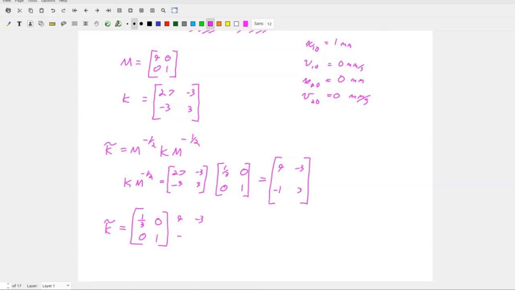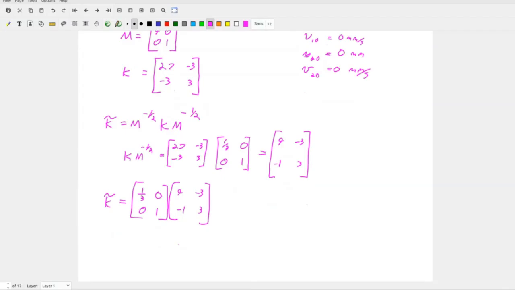So it's 9, -3, -1, 3. So hopefully that makes sense, right? I just broke it up. Instead of 3 matrices, I just did it twice for 2 matrices each. But it's the same thing. So that gets me a mass normalized stiffness matrix of 3, -1, -1, 3.